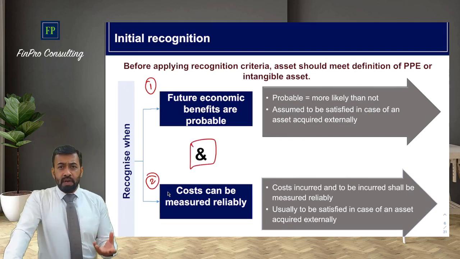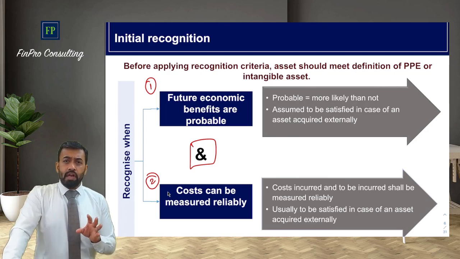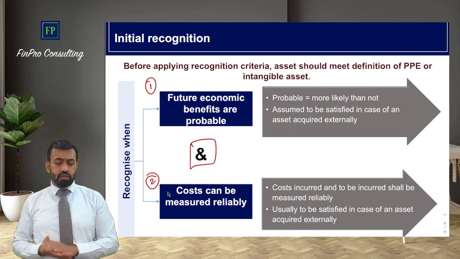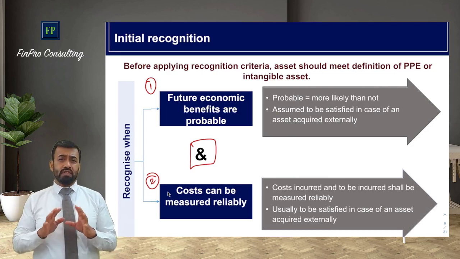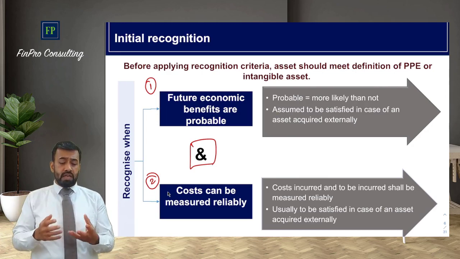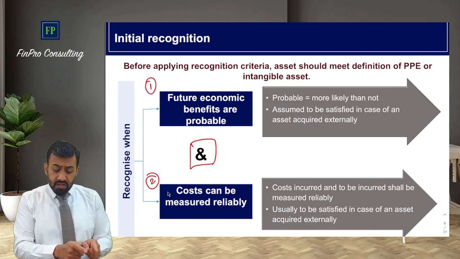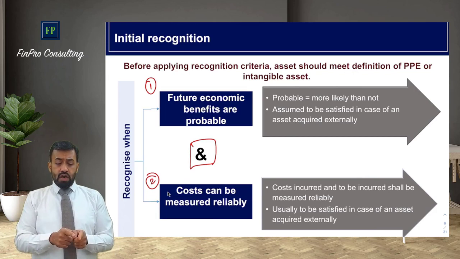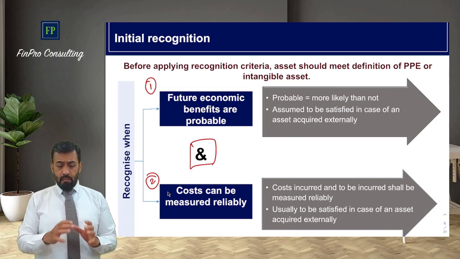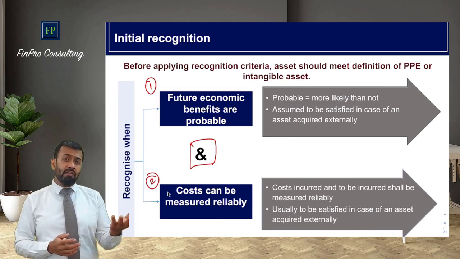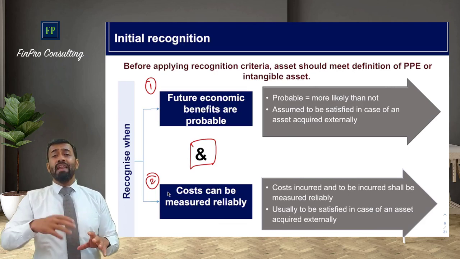So how do you explain this? In examination, generally if these are tangible items, reliable measurement of cost is very straightforward and easy to understand. But as far as intangible assets are concerned, it is difficult for entities to estimate the cost that can be measured reliably. As far as software development is concerned, it is again not very complex.